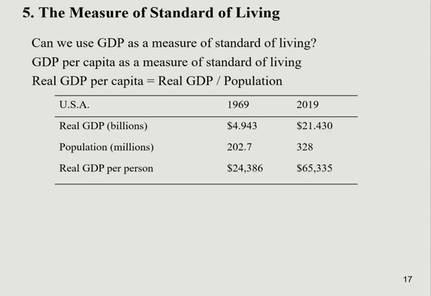In other words, there is still a robust growth of the real GDP per person, but definitely not 5 times. Here you find that it's more than twice, but less than 3 times.